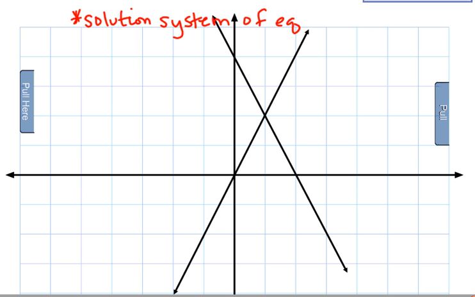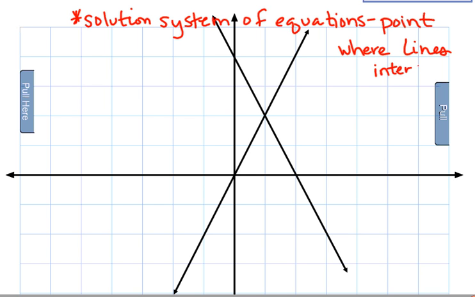This is a system of equations because it's got more than one equation. And the solution to this system is the point where the lines intersect. That's where the two lines, whatever they are representing, are exactly equal to one another.